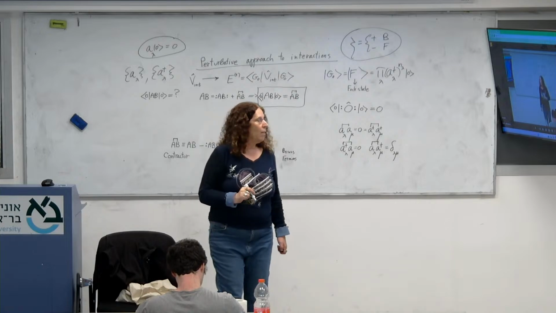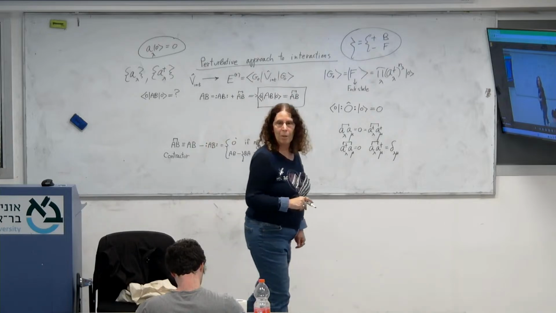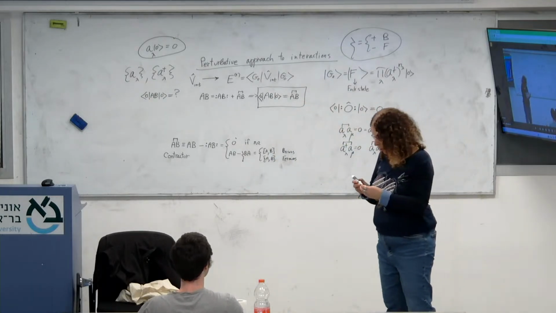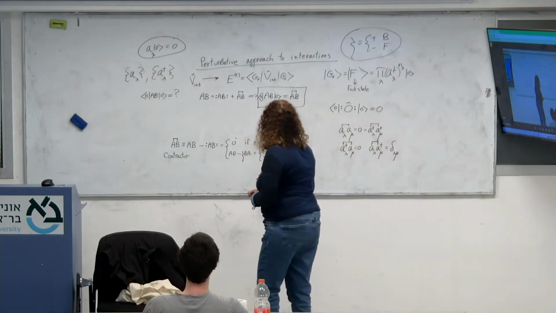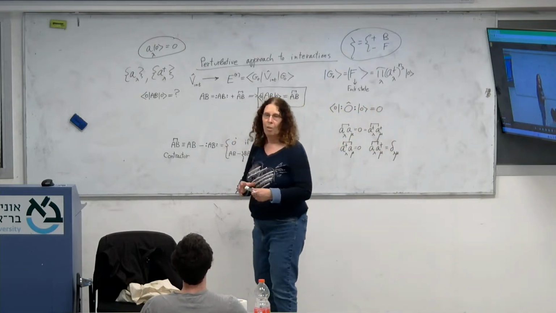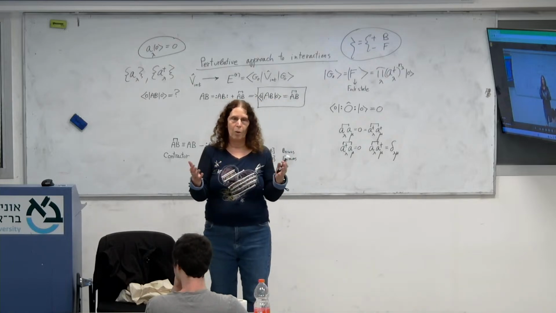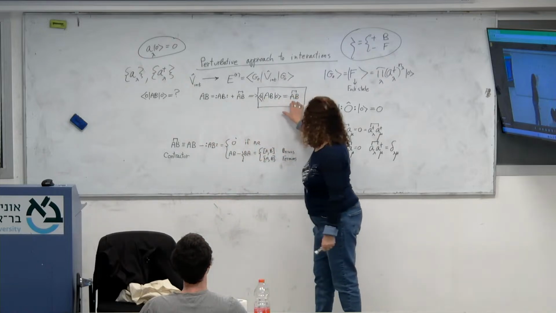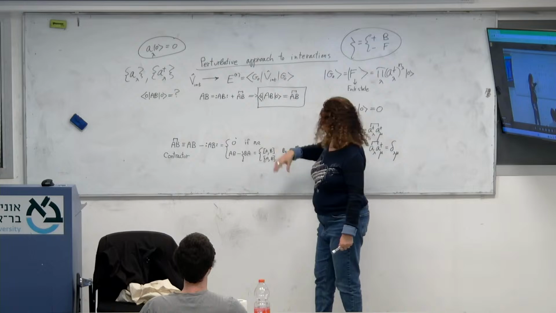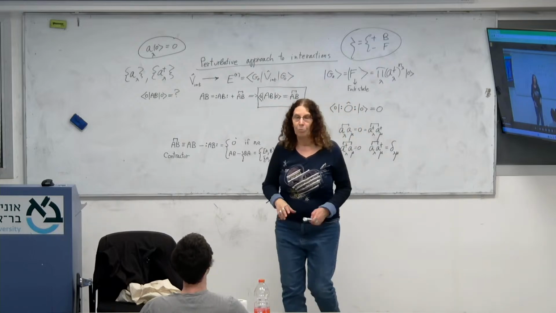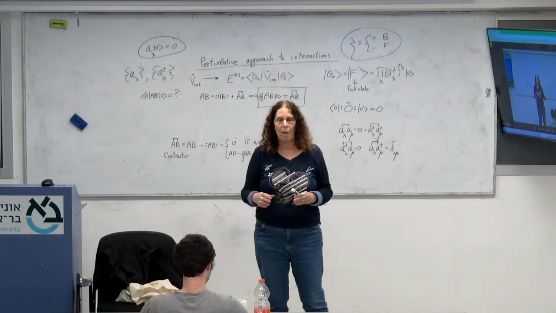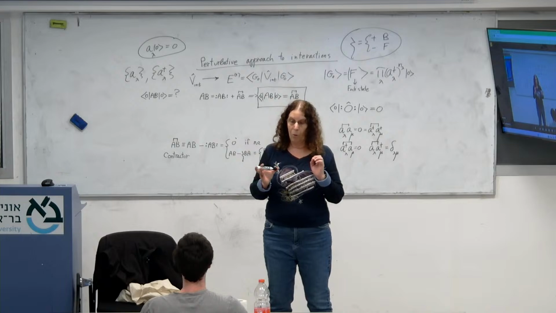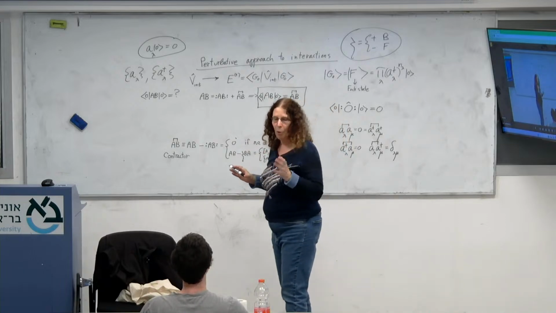But I'm claiming there is a theorem, and it's called Wick's theorem, which can relate such expectation values to a summation over pairs. For a pair, we know the answer immediately. But when we have a string of many, many operators, we can always split it into products of pairs, and for each of them we know the answer.